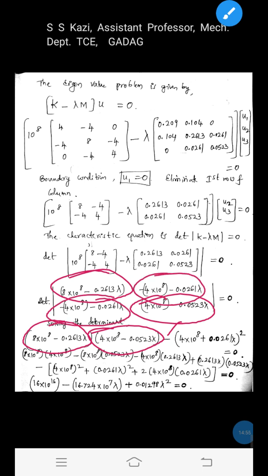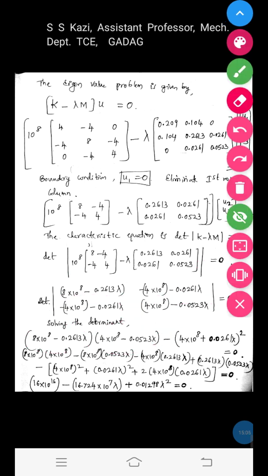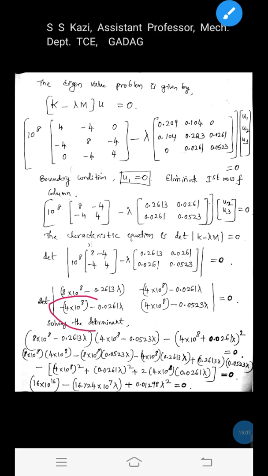Likewise here, if you take the multiplication of this term and this term, both are the same and both are in negative sign. This is minus 4 into 10 raised to 8 minus 0.0261 lambda, which is the same as this term. Both have to be multiplied.